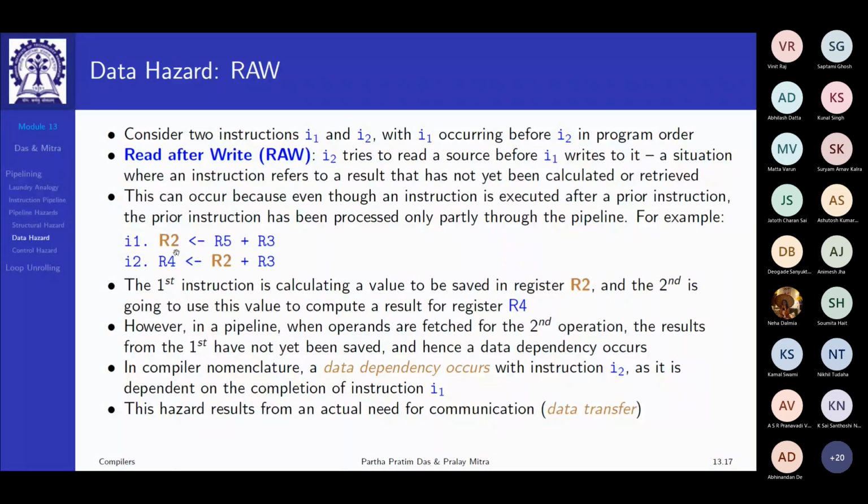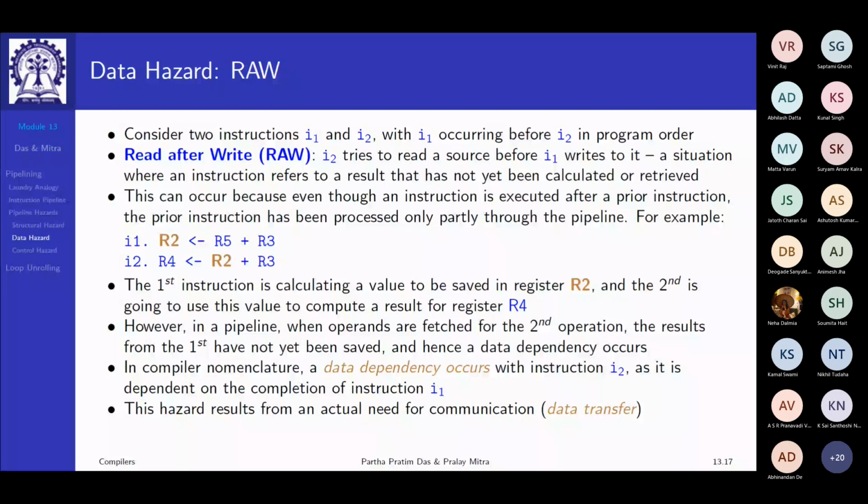And in instruction I2, R2 is read, added with R3 and written to R4. Now, you can understand the problem here, because as we have discussed, the value that will go to R2 will be written in the write back stage, right?